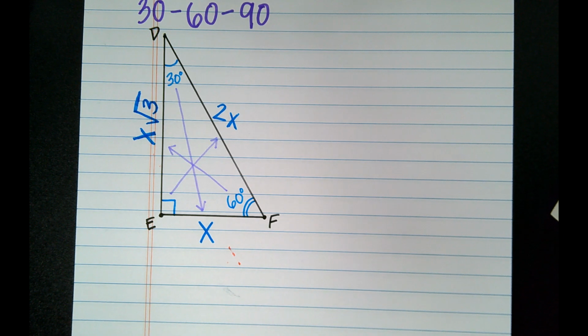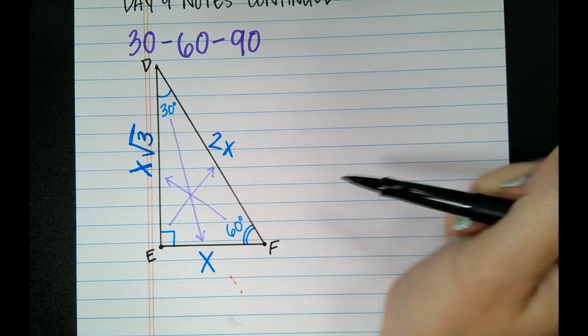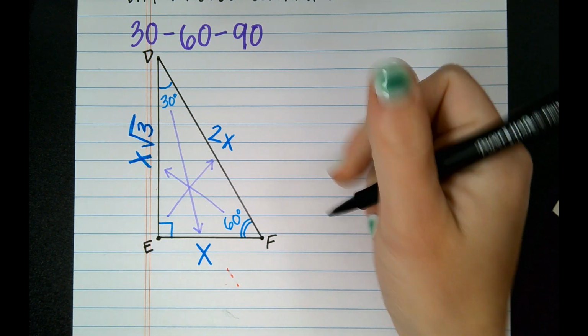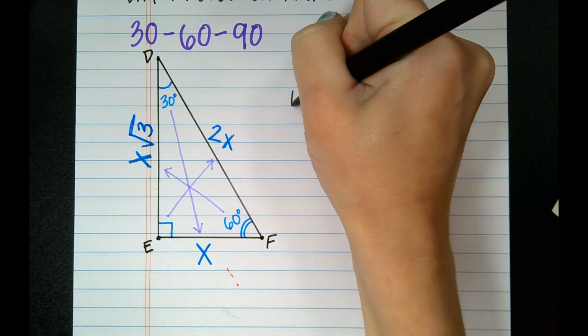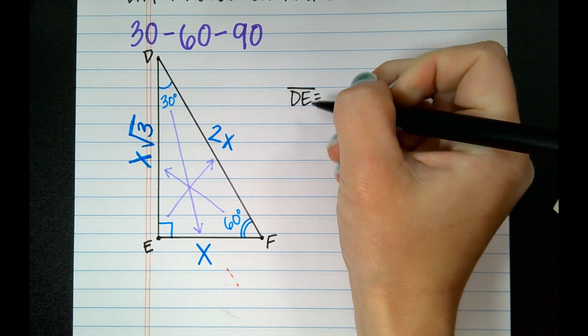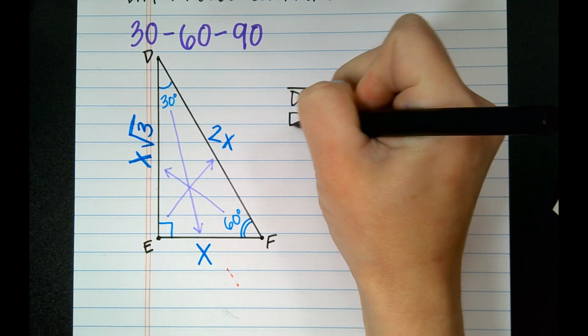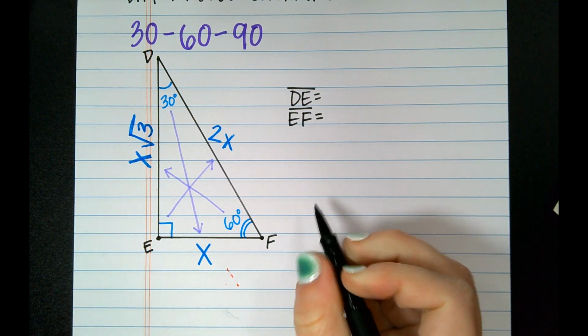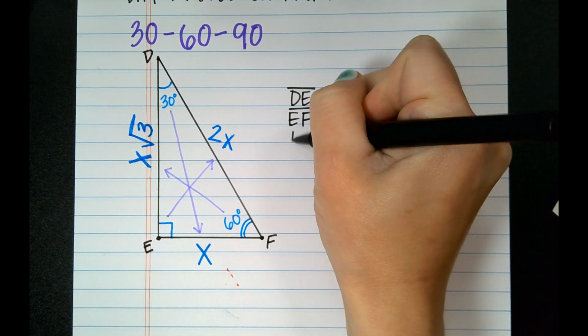Okay, so we have those all labeled, and I'm also going to write a little guide out to the side. DE, EF, and DF.